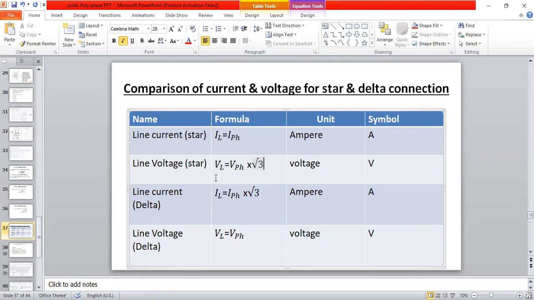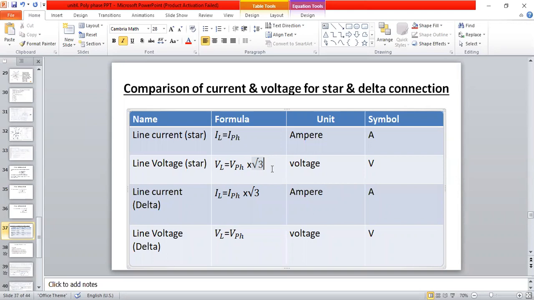After remembering the formula, in the problem they will describe in detail that the line current equals this one. If you use VL for line current, then you get 0 marks. So for star connection, VL equal to VPH into root 3, or root 3 VPH.